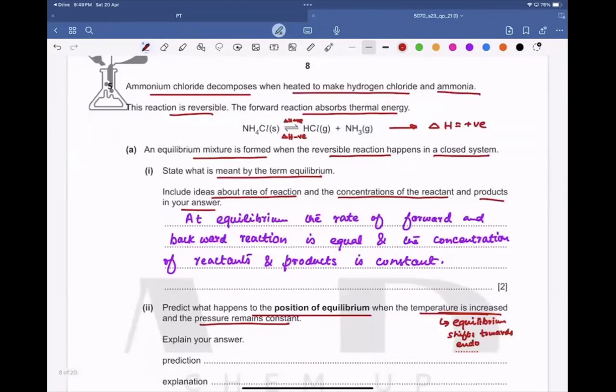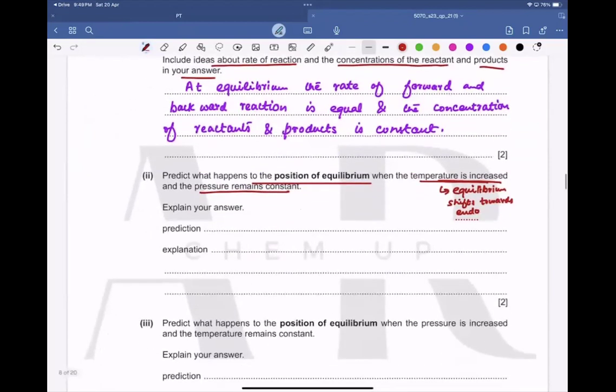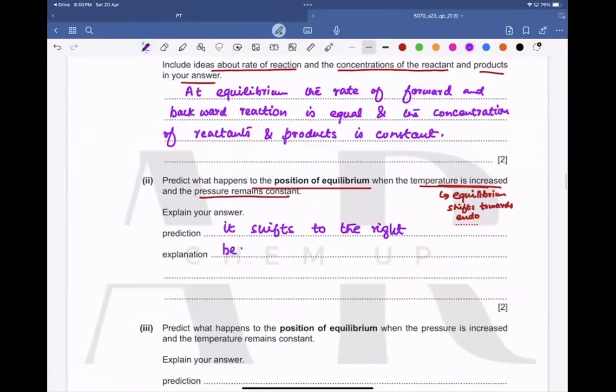So the prediction will be that it shifts to the right, and the explanation will be because the forward reaction is endothermic. Is this clear to all of you?